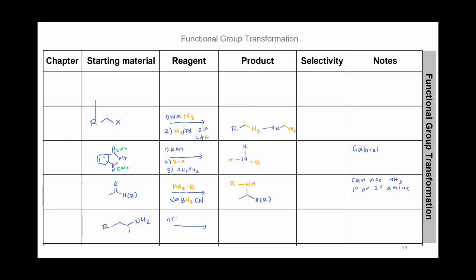In this reaction, you add methyl halide in excess and follow it with silver oxide. And this will do a Hofmann elimination.